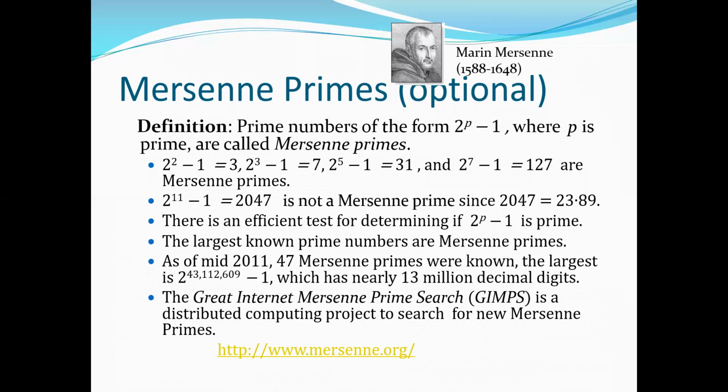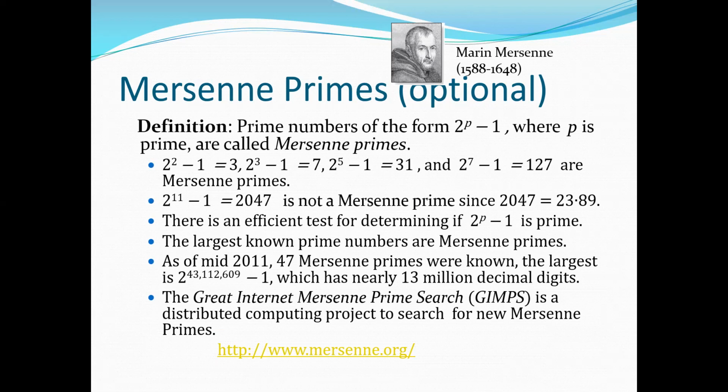Okay, as long as when we substitute a prime number to the equation 2 raised to p minus 1, the result is a prime number, it is considered a Mersenne prime. But there are instances where, even though we substitute a prime number for p, it will give us a composite number.